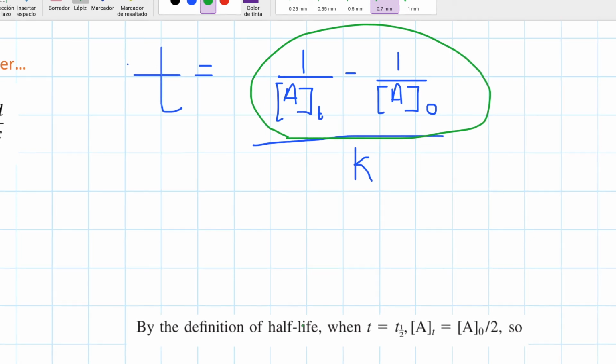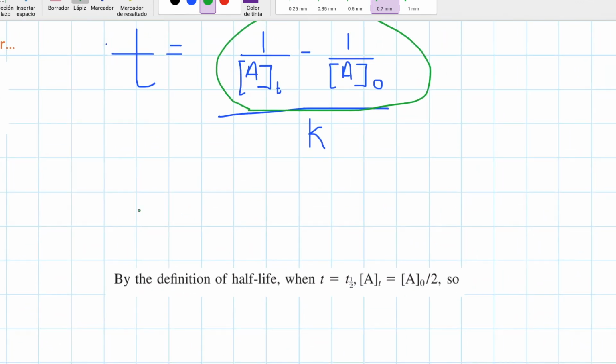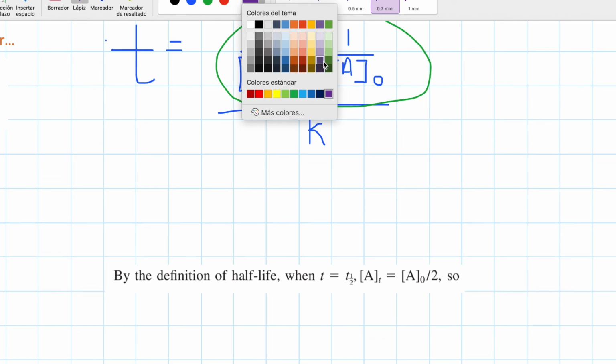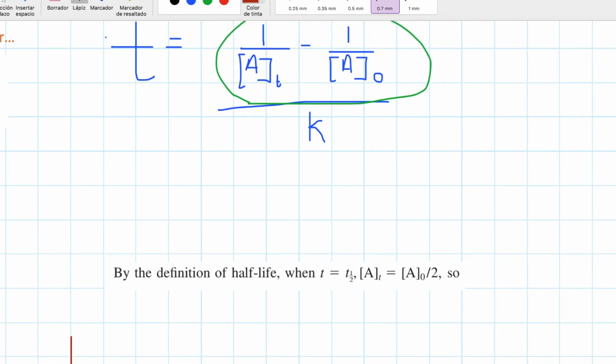As we know, this is true for every order of reaction because it's the same definition of half-life. Whenever we have T, it's going to be T1/2, and our current concentration is going to be our initial concentration over 2. So let's go ahead and change these little things and rewrite our equation.